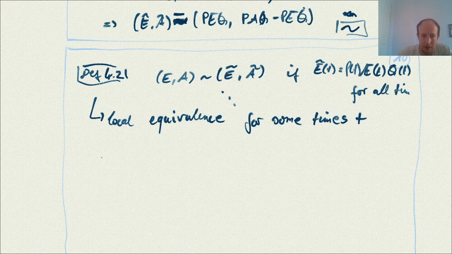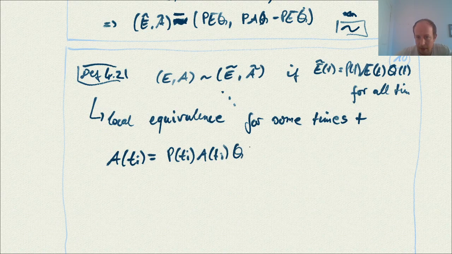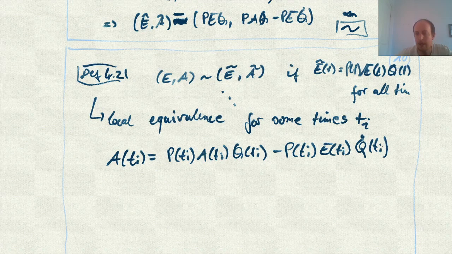For example, say A tilde of ti is P of ti, A of ti Q of ti minus P of ti E of ti Q dot of ti.